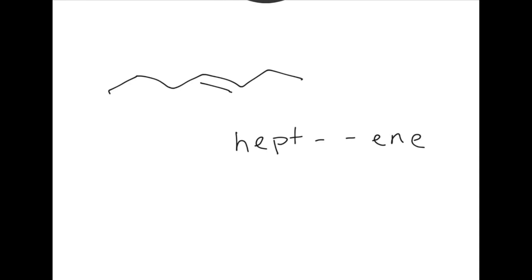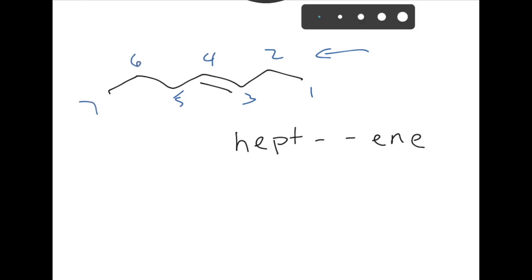And then, what carbon does our double bond start on? Got a number this way. So 1, 2, yep. So it's going to be 3 heptene, right?